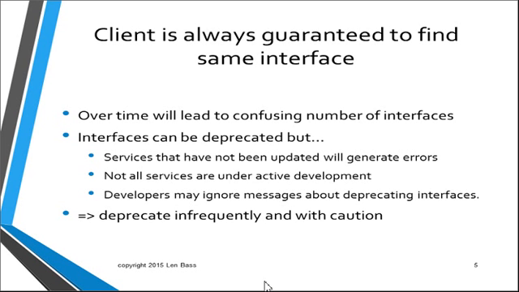Interfaces can be deprecated, but the services that have not been updated will generate errors. Not all services are under active development, so people may not even know that. Developers may ignore messages about deprecating interfaces. You get a lot of mail, and some you read, some you don't. The implication is you deprecate infrequently and with caution.